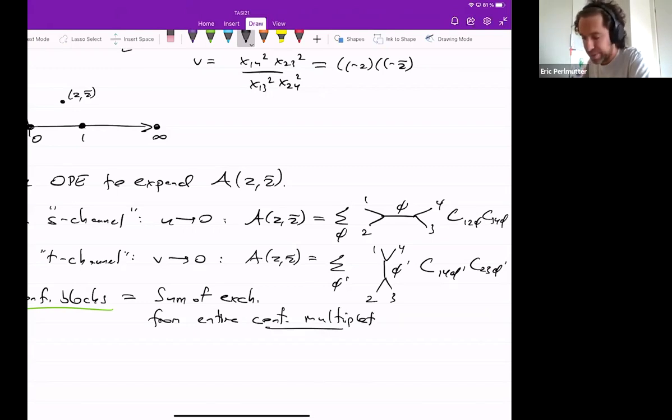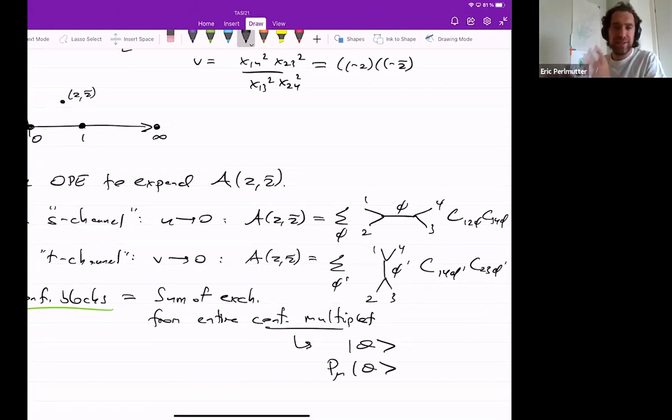And by conformal multiplet, I mean the following. You have some primary O, which here I'm writing as a state, and we can act on that with the raising operators of the conformal group, namely the momentum P_mu, any number of times and in many ways, in any way that we can contract the tensor indices, right?